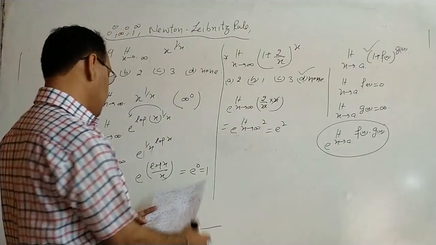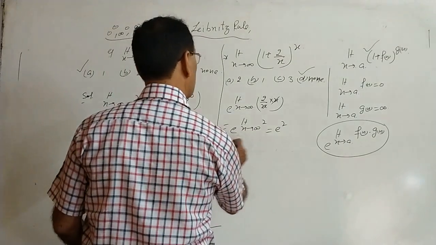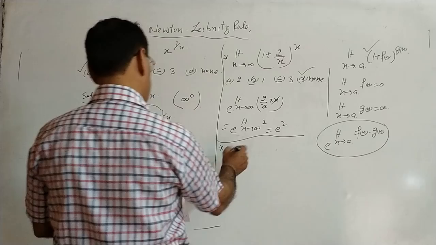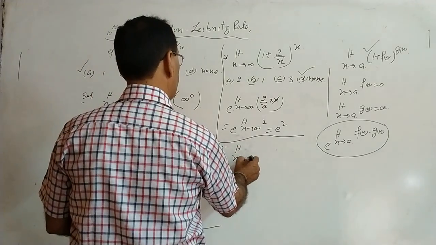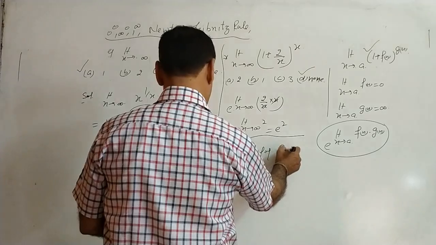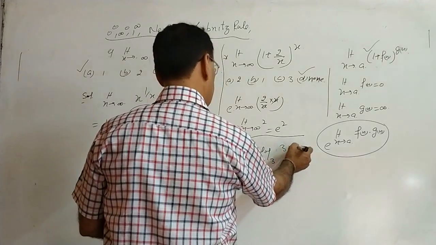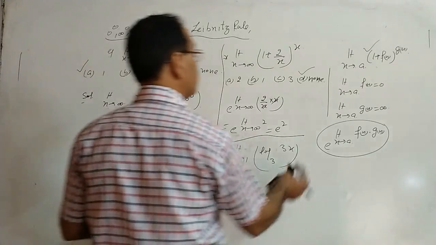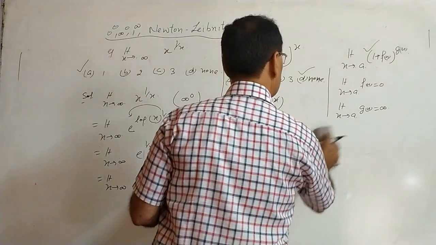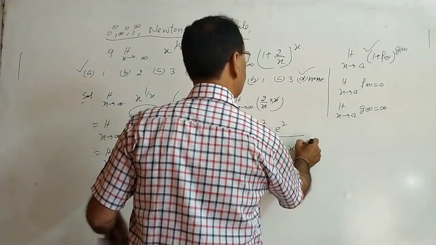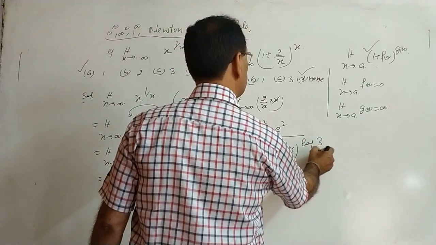Let me take one more question. Say limit x approaches 1 of log 3x base 3, its power is log 3 base x.